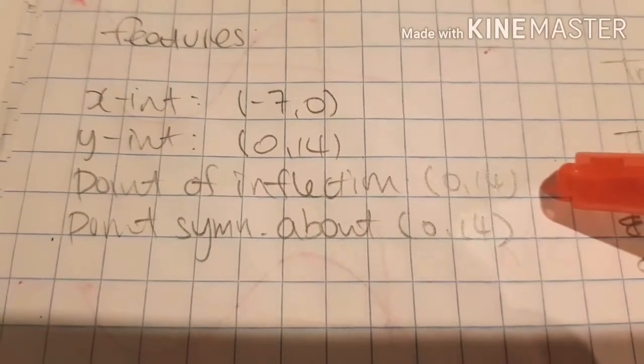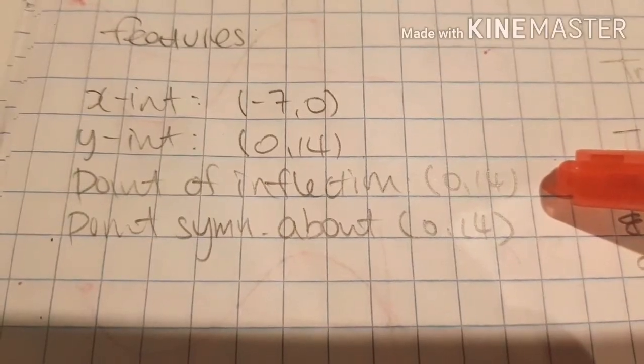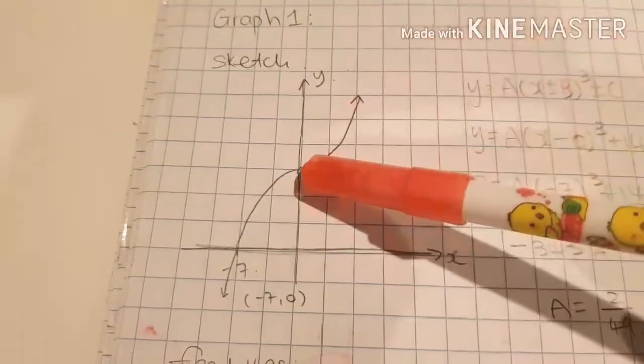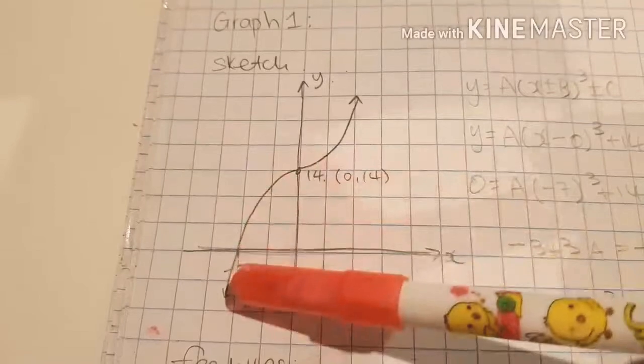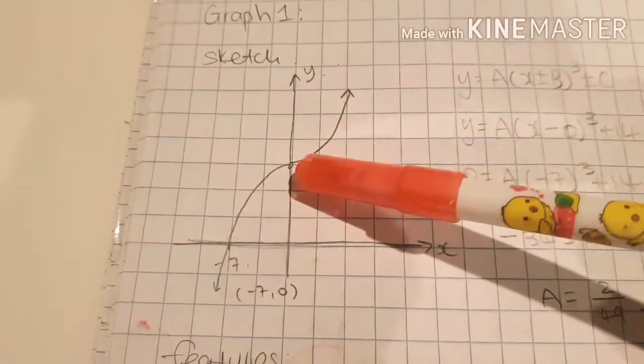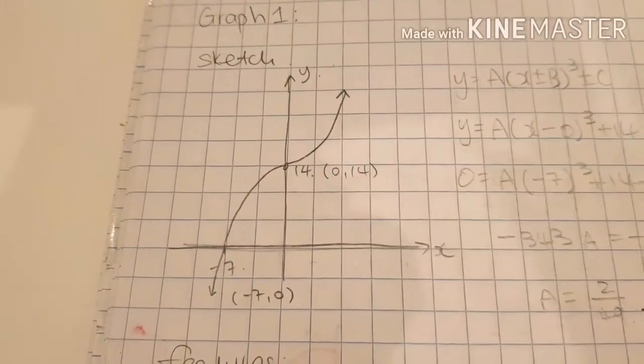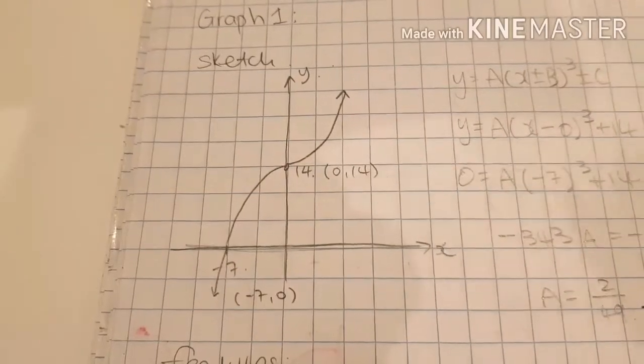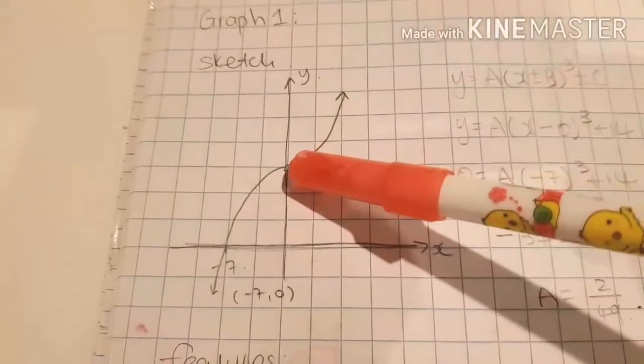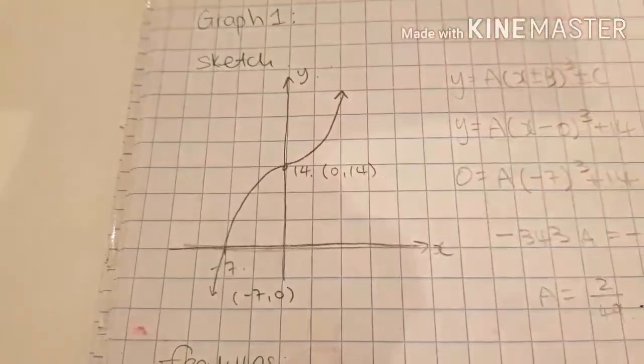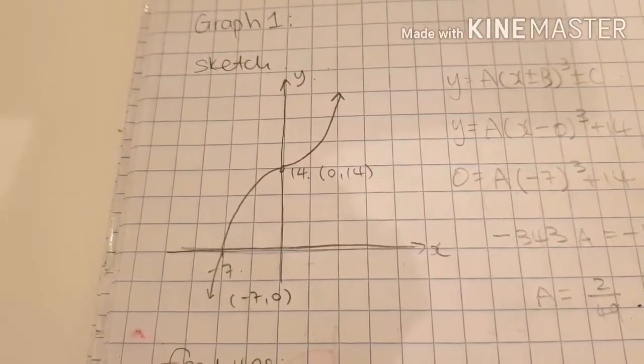Point of inflection is where the curvature changes. So at this point here, the curvature changes from sad to happy. And also, what symmetry does it hold? Point symmetry. Yep, at this point, if it's rotated, it's going to come back to the graph as it is.